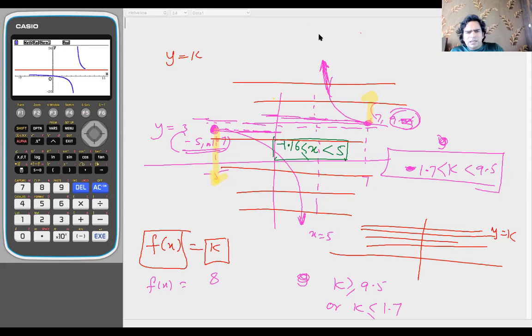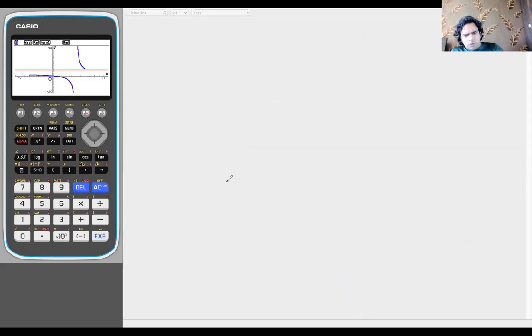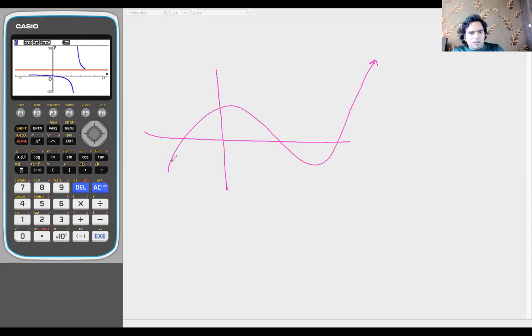Now let me just take a random graph which I'm showing here. Let us say this is my function that I have got after plotting the graph, and this coordinate is 1 comma 6, and this coordinate is 2 comma negative 4.